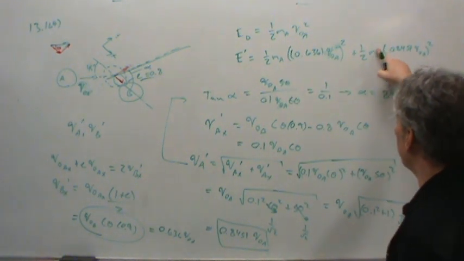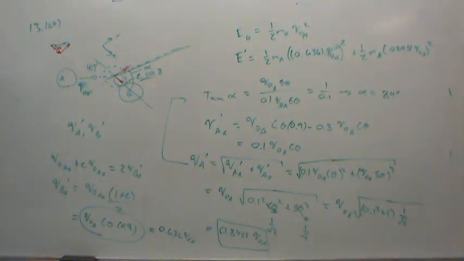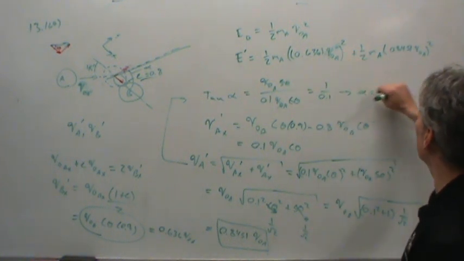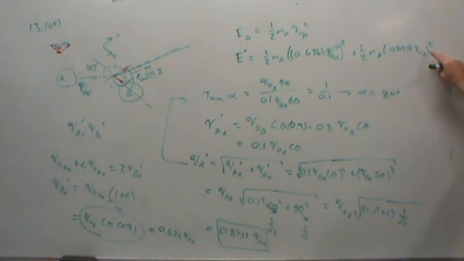Now the mass of A and mass of B are the same, so I can just make that substitution. So I hope that basically 0.636 squared plus 0.8451 squared doesn't come out more than 1, because if it does, I've made a mistake somewhere. Well, let's find out.